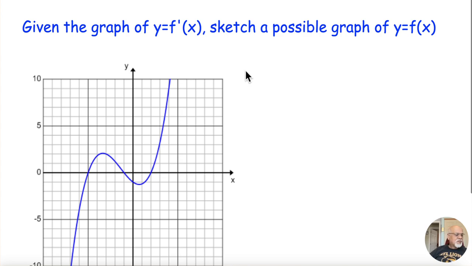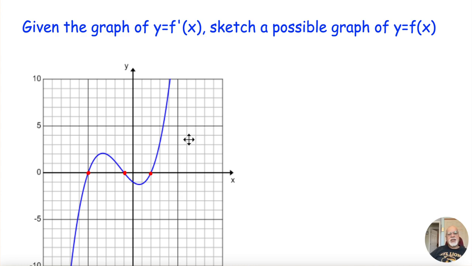All right, if you've returned, the way to reason this is the derivative function. So wherever it has zeros, namely here, here, and here, f of x must have horizontal tangents because its slope would be 0 at that point.